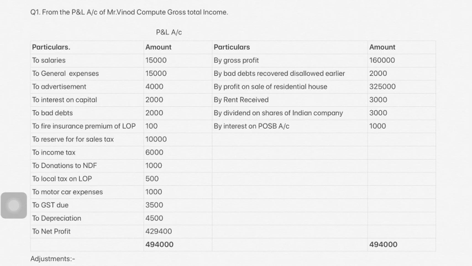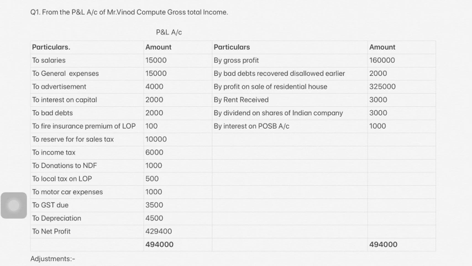Correct? Okay. By profit on sale of residential house 3,25,000. That means this is income from capital gains. You are selling a house and there is a profit of 3,25,000. So this does not belong to the business.